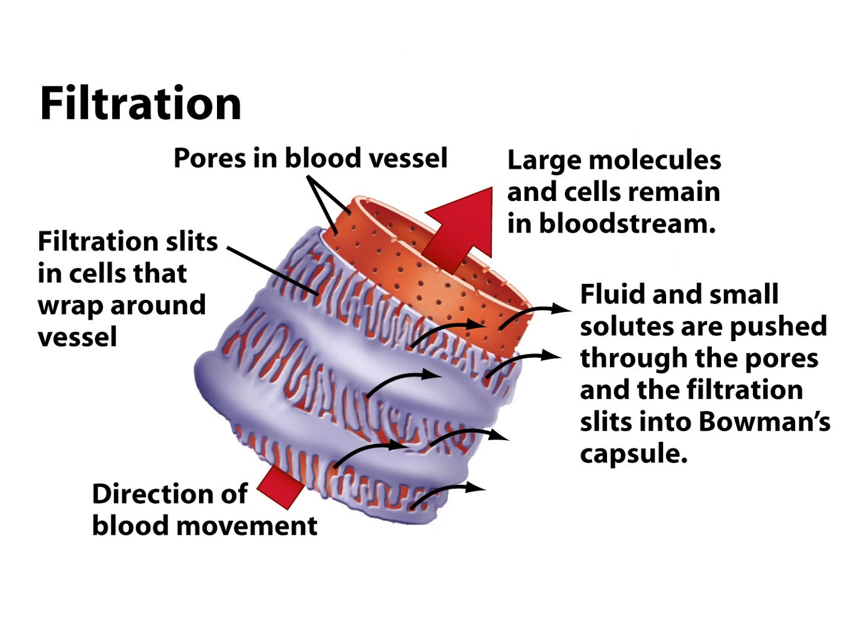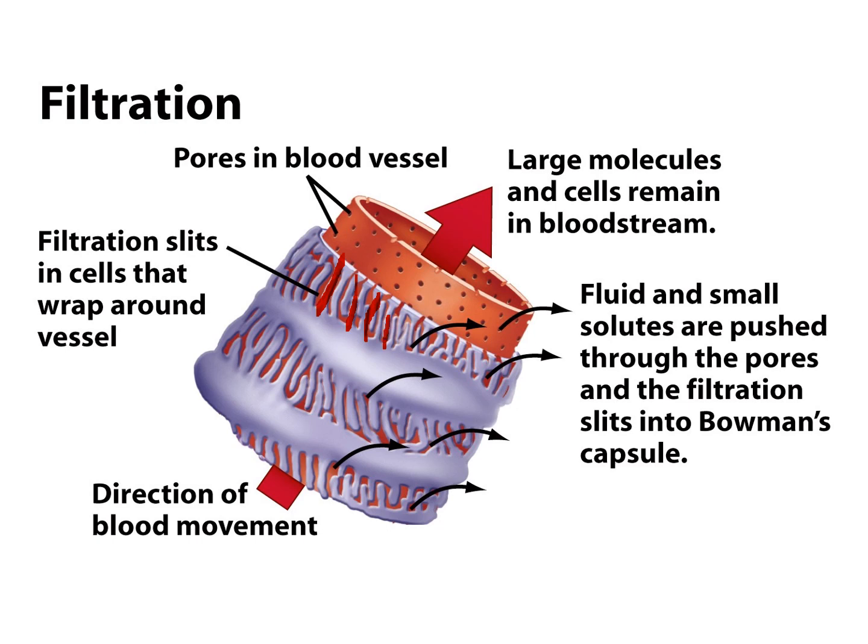Here what you see is that filtration is occurring because there are cells involved that are wrapped around the outside of the glomerular capillaries, or the capillaries of the glomerulus. These cells are called podocytes, which you will see on, I think, the next slide. They're called podocytes because they have these foot-like extensions.